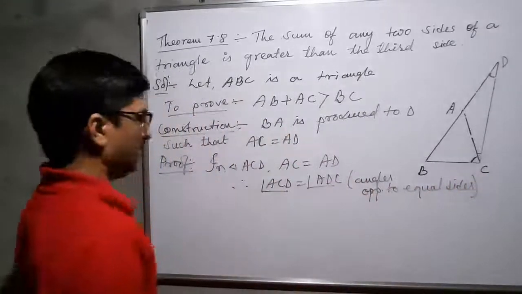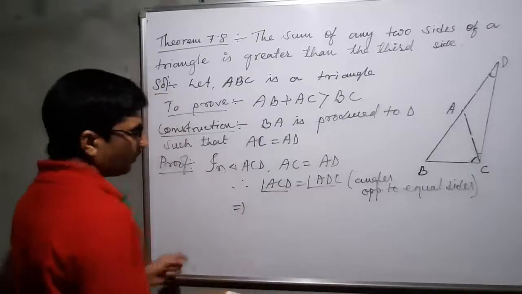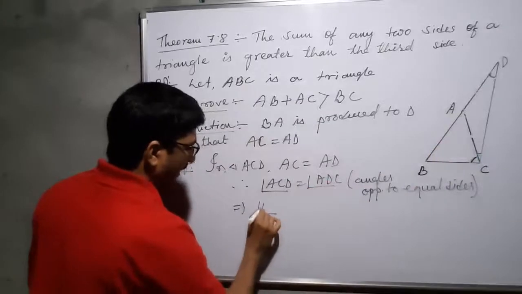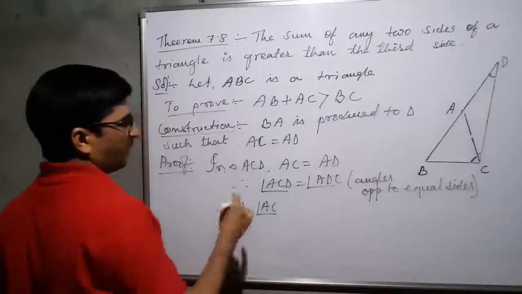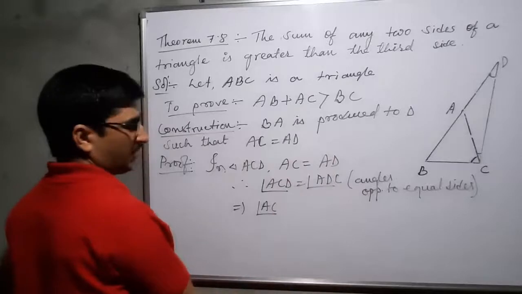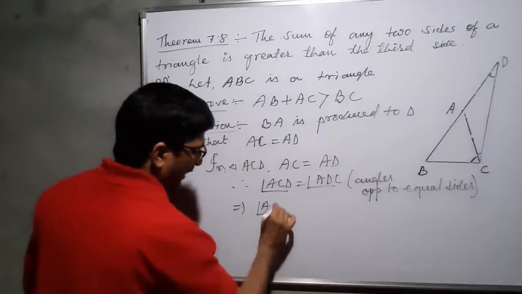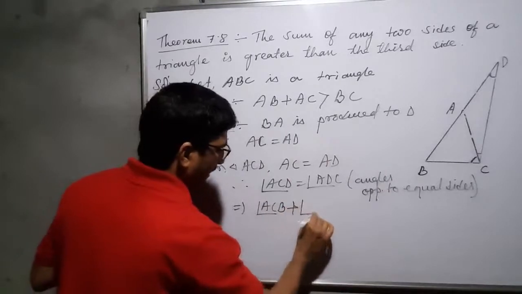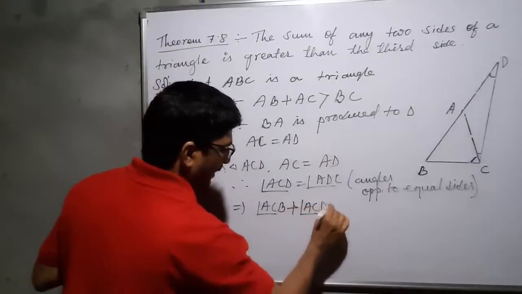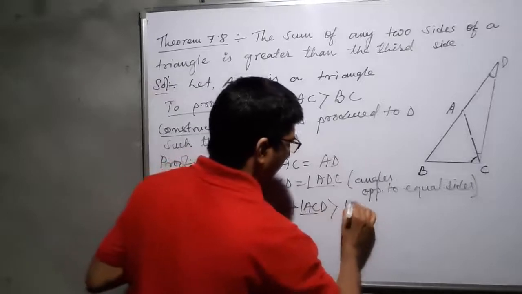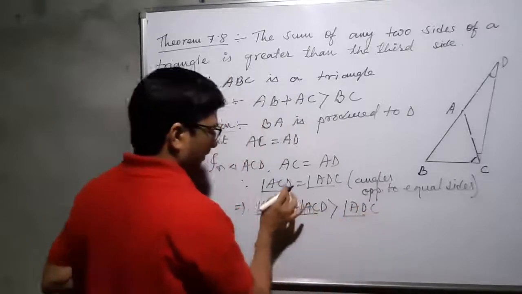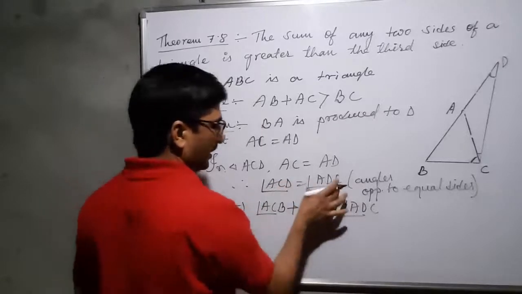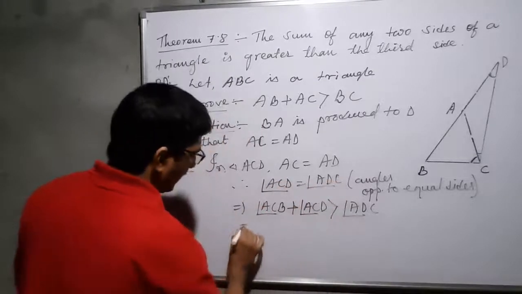Now, if I add something to ACD, what will I add here? I will add angle ACB. You add it only on the left, not on the right. If I add angle ACB here, ACB plus angle ACD is greater than angle ADC, since they are equal and something is added, so this sum is greater.